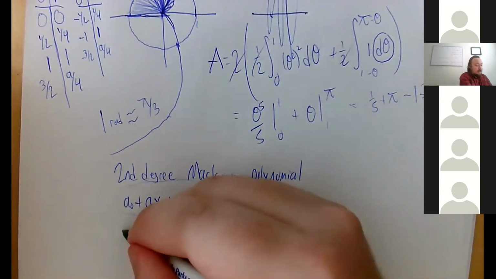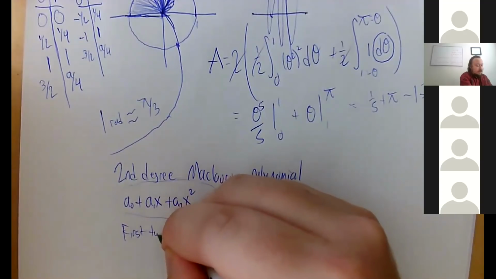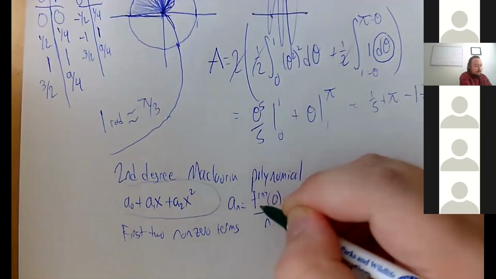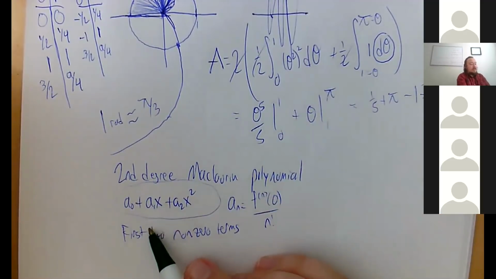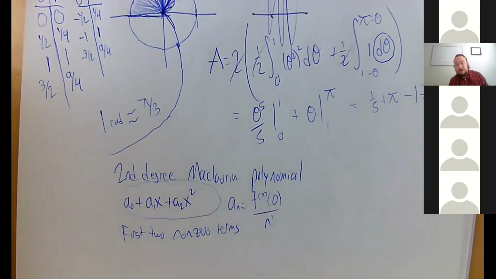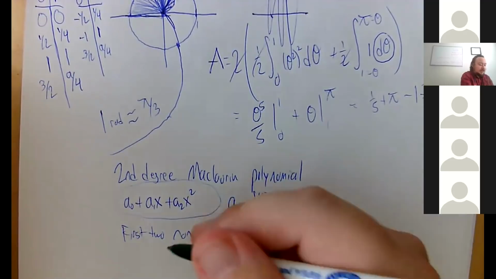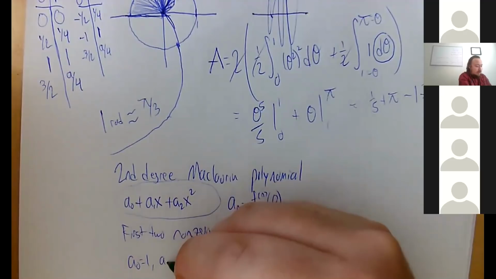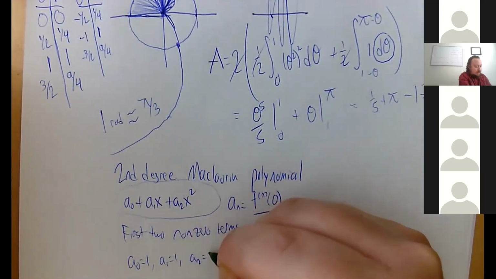And remember, this has the formula nth derivative at 0 divided by n factorial. Now, whenever I say the first two non-zero terms, that means I go through this list here, so A0, A1, A2, until I have two terms that are written down that don't just go to 0. Let's say, for example, in this instance, A0 is 1, A1 is 1, and A2 is 1.